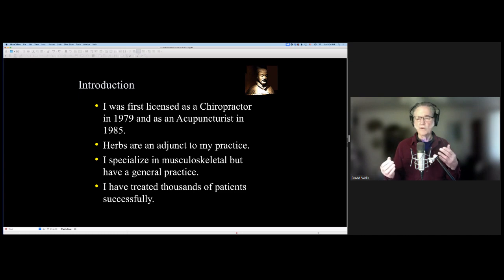And so I think this may be true for a lot of you who primarily rely on your hands to do your work. I've been in practice as a licensee for over 40 years, treating between 100 and 150 patients a week, probably averaging around 120 a week.